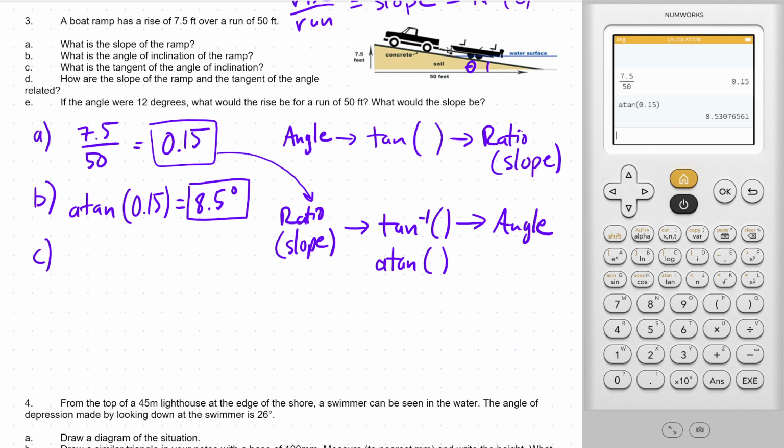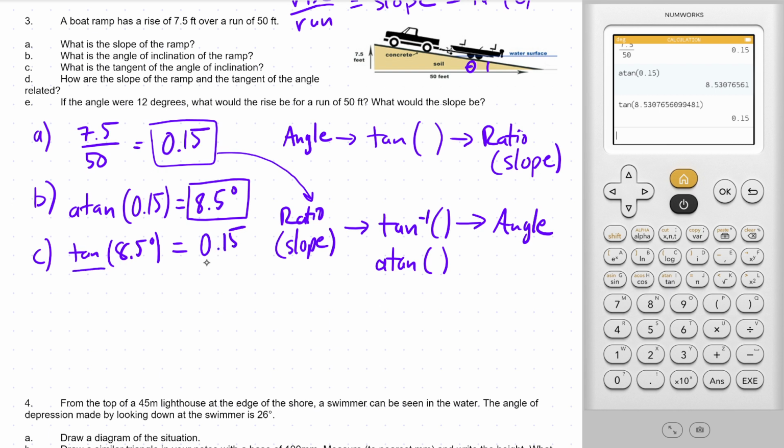If you take the tangent of the angle of inclination, so the tangent of 8.5 degrees, let me actually use this functionality here. Answer, so it recalls the answer to the previous problem, and I hit enter, and sure enough, I get 0.15 back out.